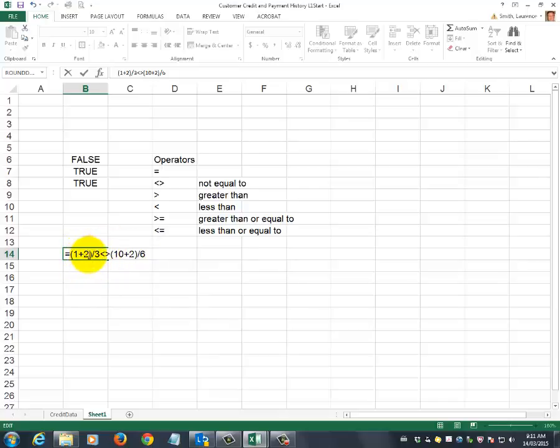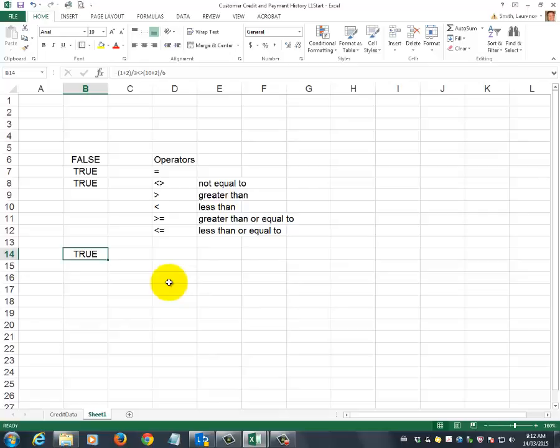So 3 divided by 3 is 1, and 12 divided by 6 equals 2. So the question is, is it true that 1 is not equal to 2? And the answer is true. So that's how operators work in terms of responding with a true or false in the Excel world.